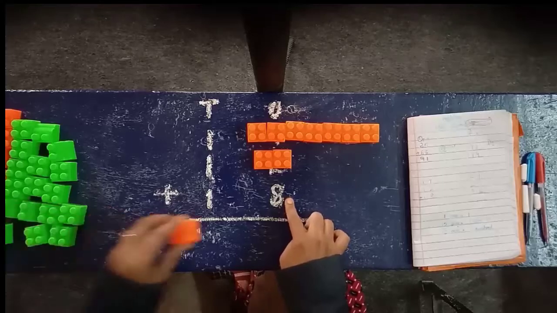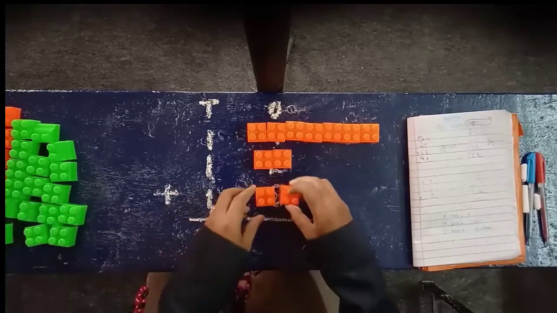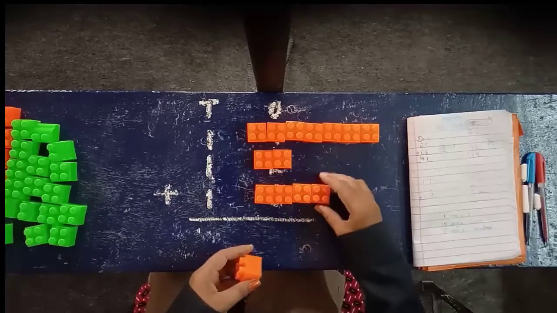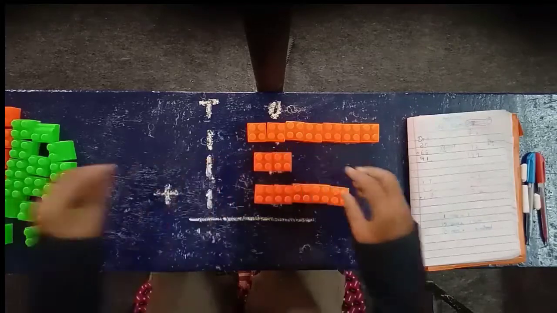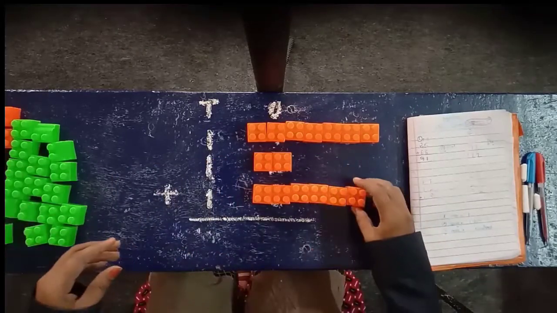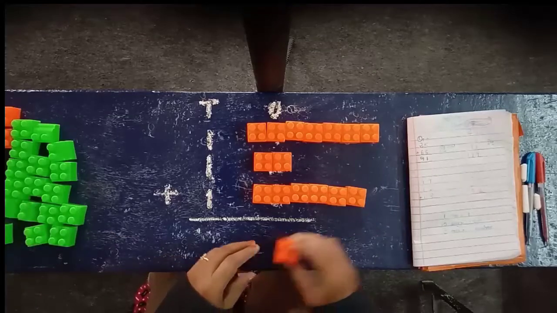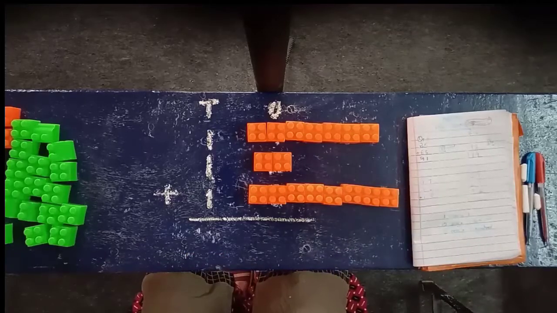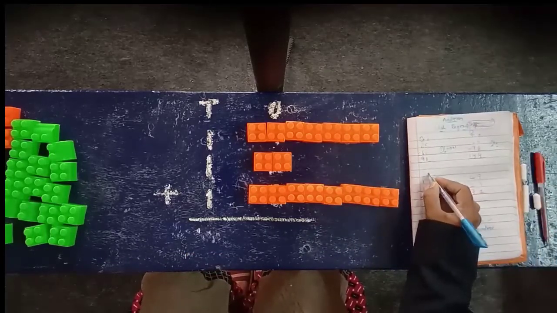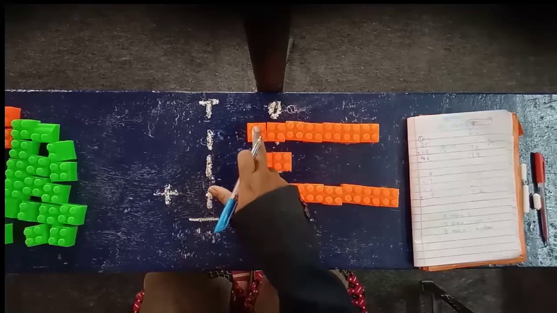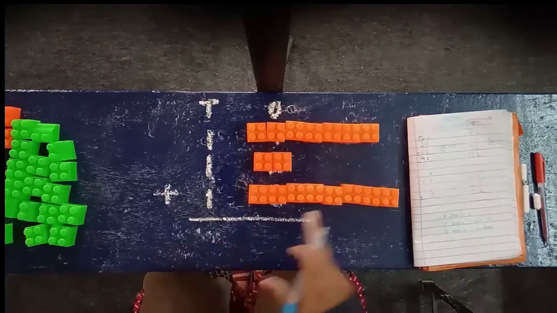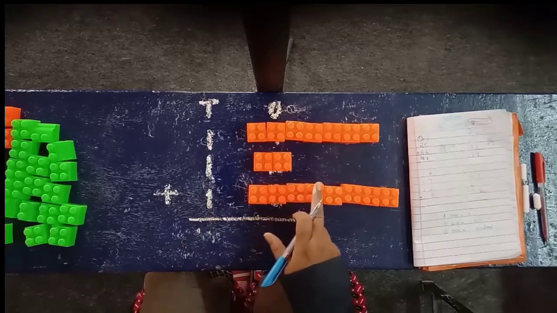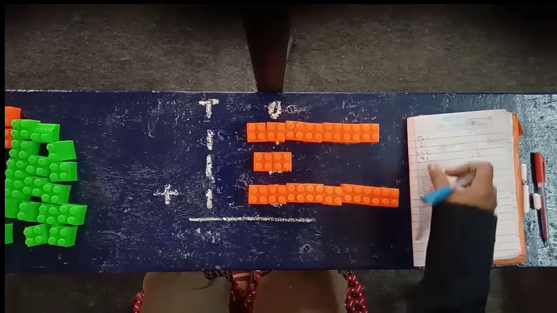Come on, I am arranging 8 here. 1, 2, 3, 4, 5, 6, 7 and 8. I arranged the 8 here. These are the ones digits I arranged: 7 for the first number, 2 for the second, and 8 for the third. Come on, ones digits I arranged.